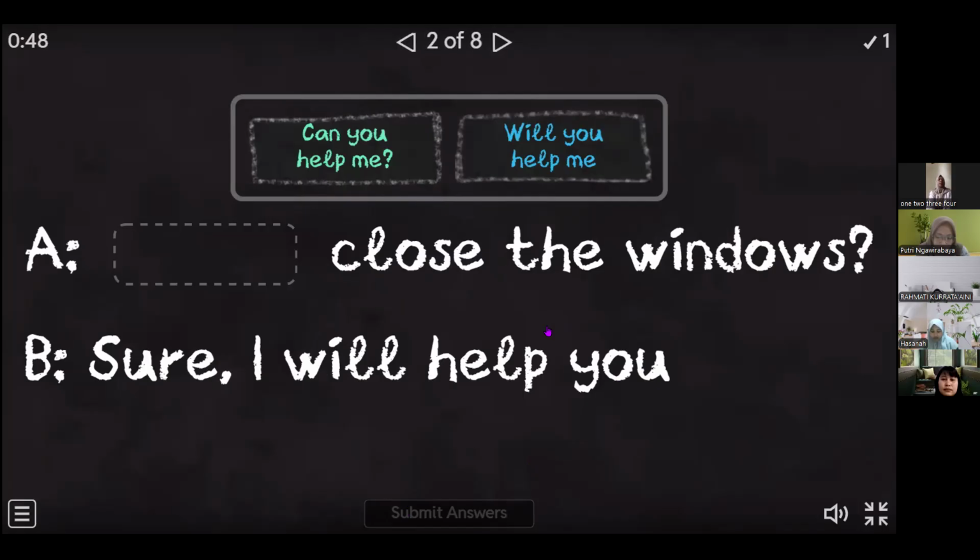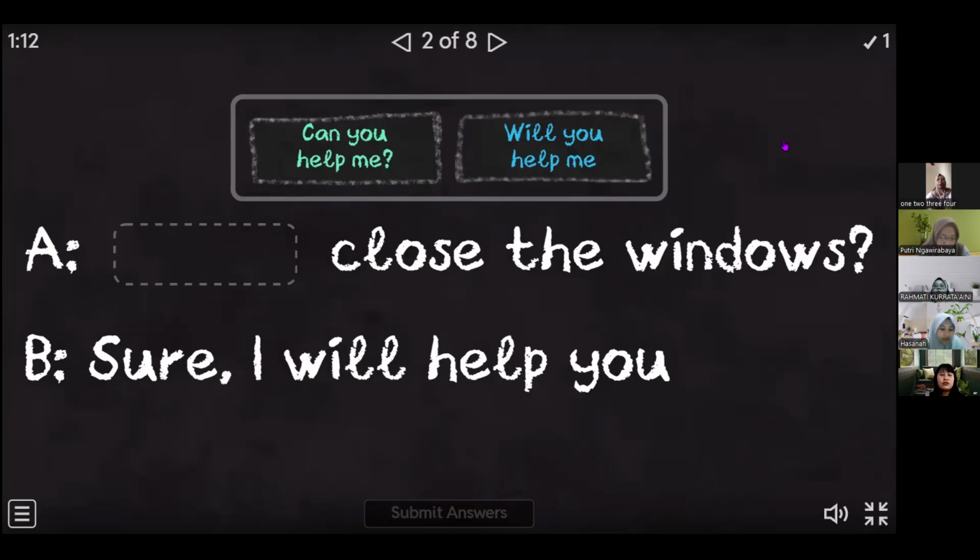Okay, next, number two. Who is willing to complete the conversation and read it? Maybe Miss Esther. Okay, I will try. A: Close the windows.